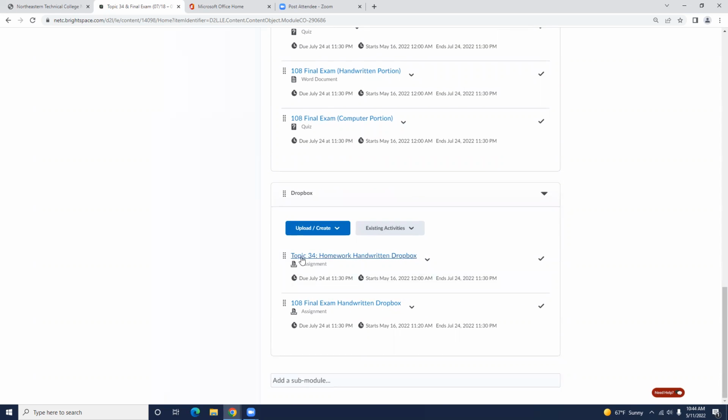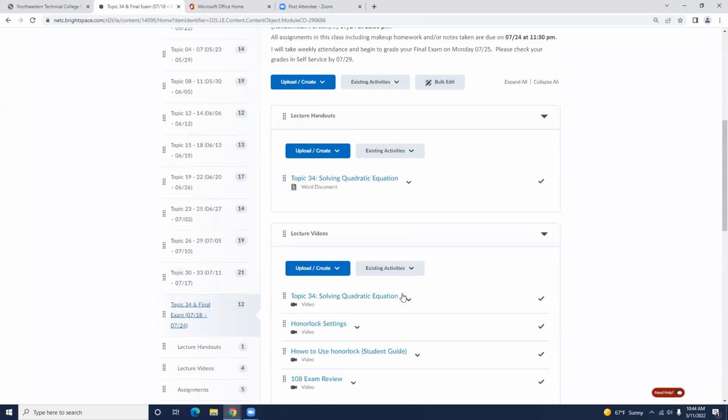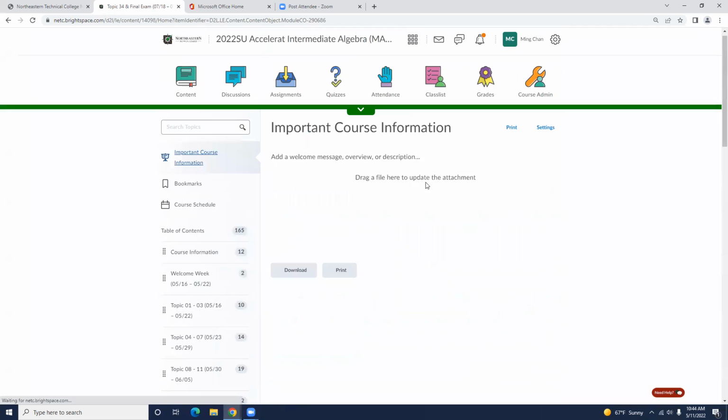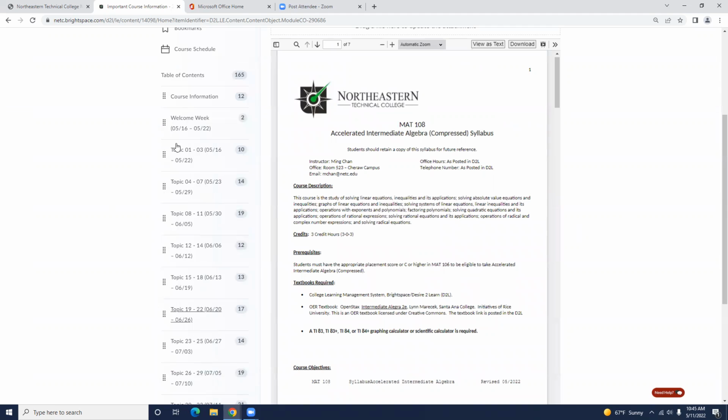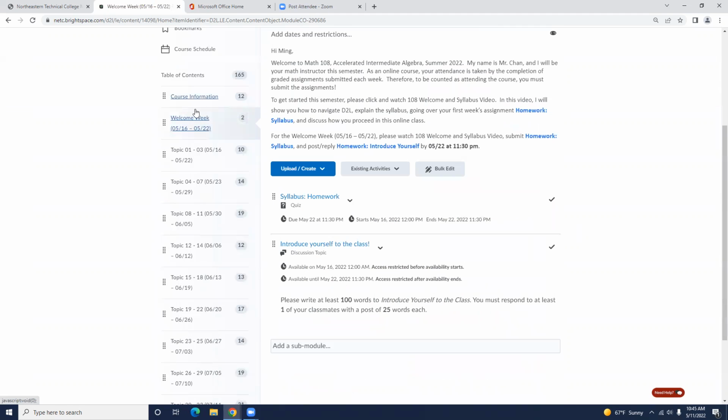All right, here are the Dropbox for the handwritten portion for topic 34 in the final exam. So let's go over our syllabus real quick. And then after going over the syllabus, I will go over your very first week assignments. So under the welcome week, welcome week and topic 1, 2, 3 is basically in the same week.